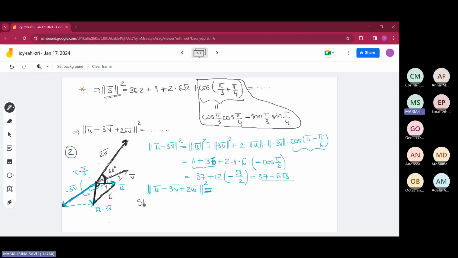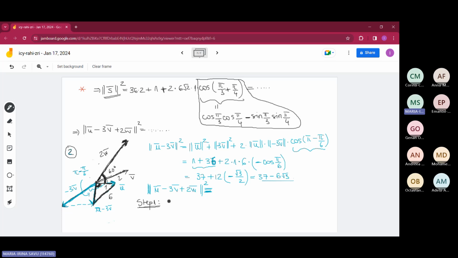Okay, so step 1 implies applying the cosine theorem. So we have the triangle with u and minus 3v and the sum. And you know that if you want to find the measure of the angle, you have to start with this.